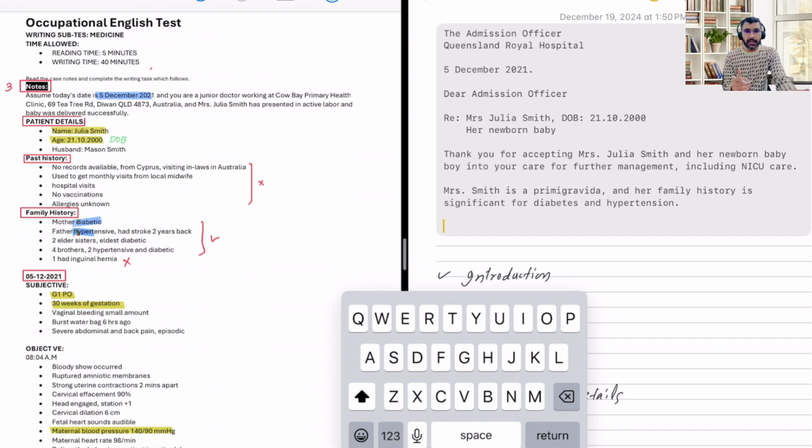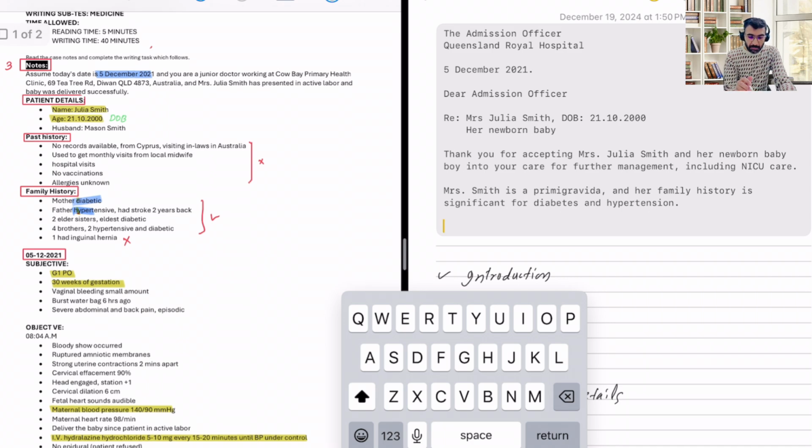Then we will write the patient's presenting complaint, the complaint with which the patient was admitted actually. So in this case, you can see here the patient presented in active labor, and she was G1 P0 and at the 30th week of gestation.